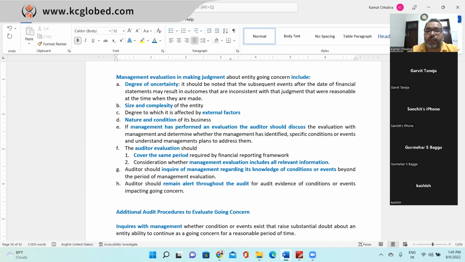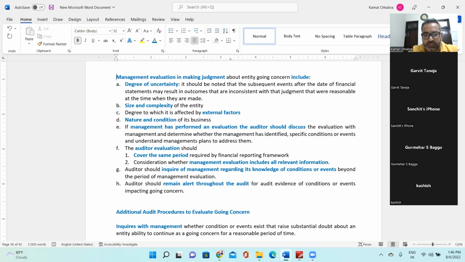If the management has performed an evaluation, the auditor should discuss the management's evaluation and determine whether the management has identified the specific conditions or events that may result in a going concern risk. The auditor's independent evaluation should cover the same period required for financial reporting purposes and consider whether the management's evaluation includes all relevant information or not.